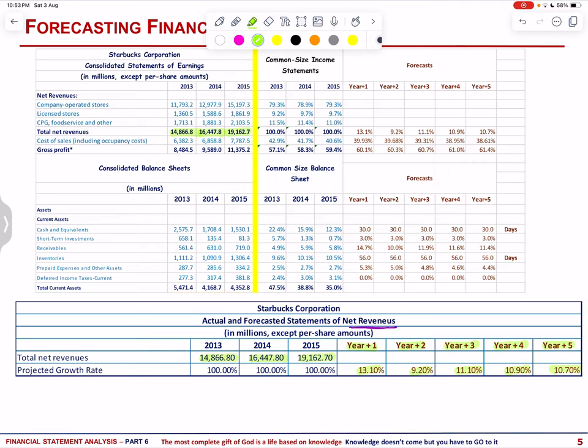So the projected net revenue for year number 1 will be equal to the net sales for the year 2015, that is 19,162.7, times 1.131. So this will be equal to 21,673.01.